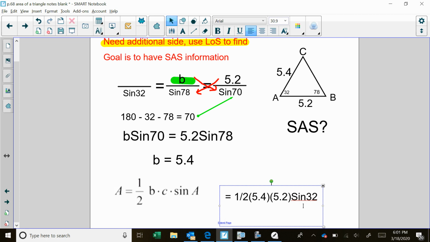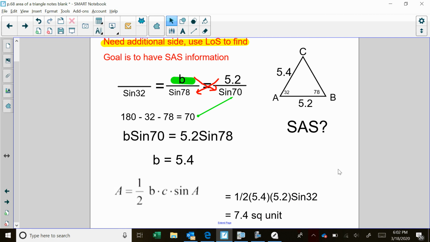You guys are going to type that in. 1/2 times 5.4 times 5.2 sine of 32. Boom. 7.4. So we have an area this time, not quite as big, 7.4 square units.